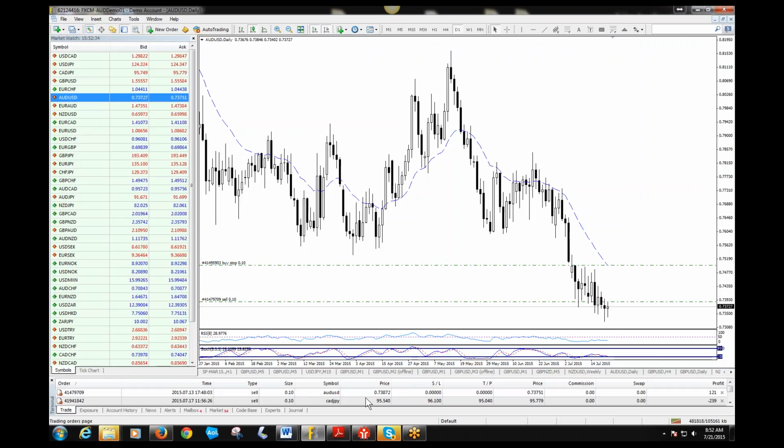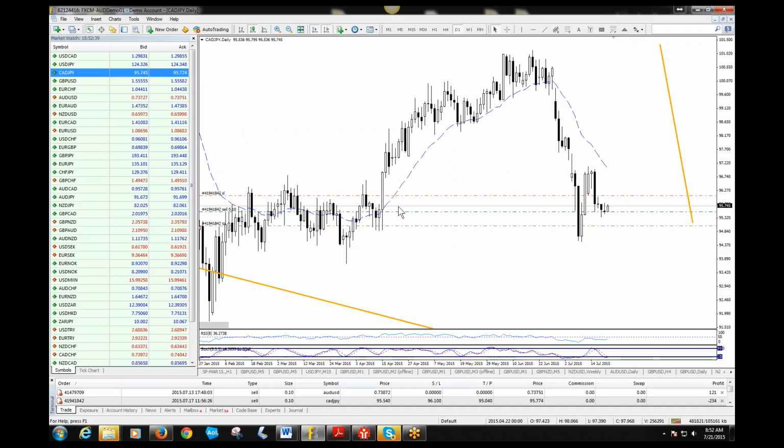And we'll see. And now CAD yen, that was a daily entry also. And it should be a sell on CAD yen, this was a CAD yen sell, I believe, based on this candle right here.